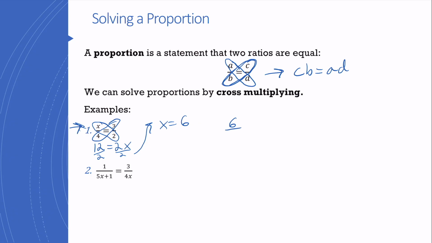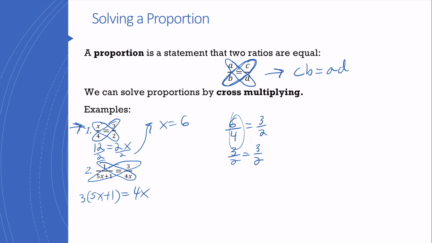I could simplify it down, right? If I had 6/4 equals 3/2, well, 6/4 is 3/2, just not fully simplified, right? So that's how we're going to solve these proportions. We solve them by cross multiplying. We're finally there. So let's take a look at problem 2. I'm going to have 3 times 5x plus 1 equals 1 times 4x, which is just 4x. I go ahead and distribute.